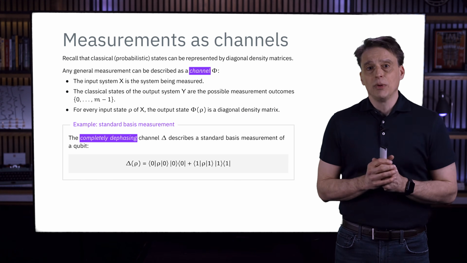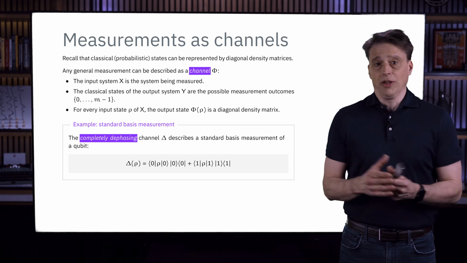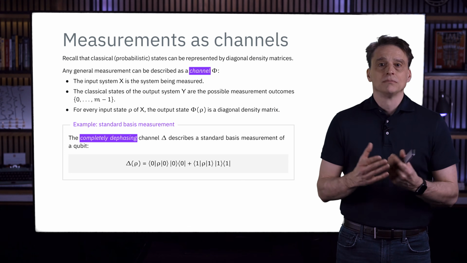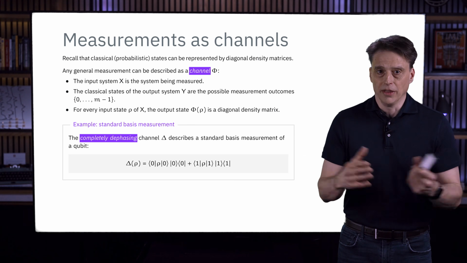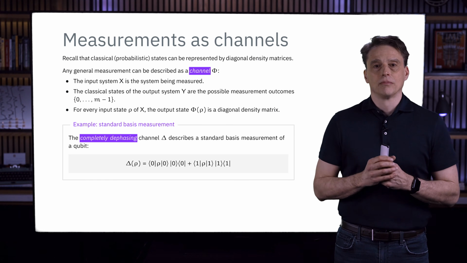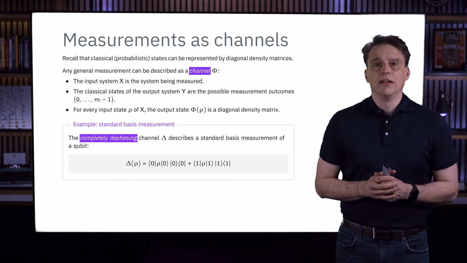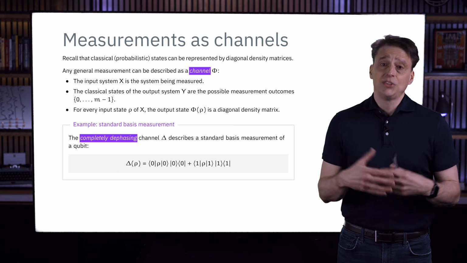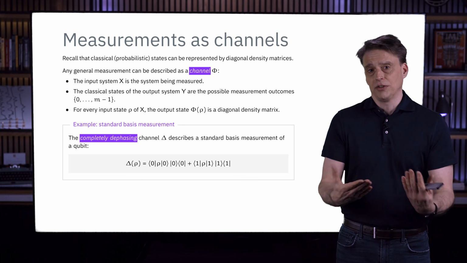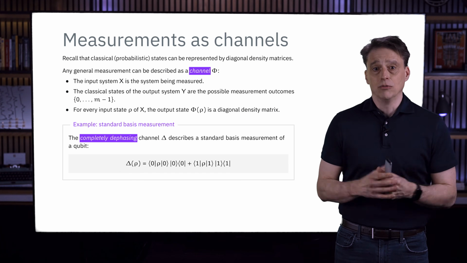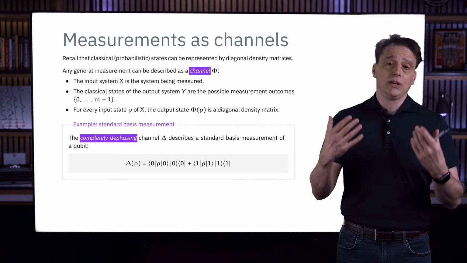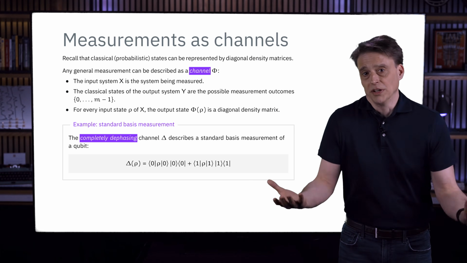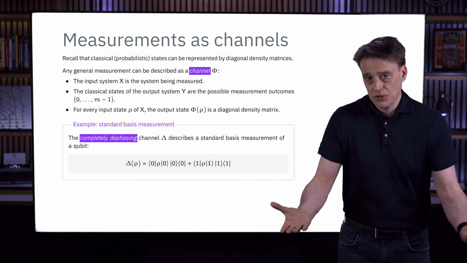And so, if we express these classical measurement outcomes as density matrices, we'll get this expression for the corresponding channel, and it turns out that it's none other than the completely dephasing channel. That's consistent with the idea that the completely dephasing channel represents an extreme form of decoherence, which can mean different things, but when I use that term, I'm talking about the tendency for quantum states to become classical because the environment around whatever system we're talking about is watching in some sense, or in other words, it's measuring.